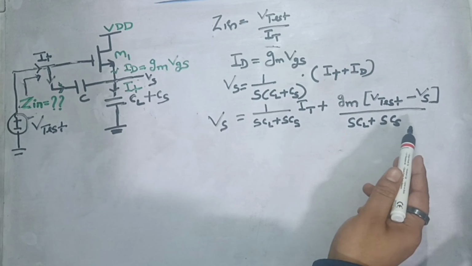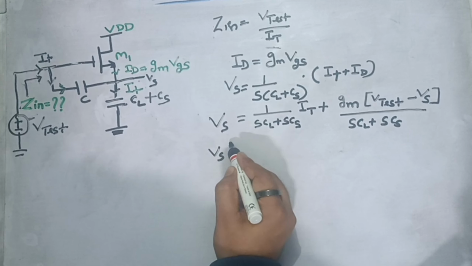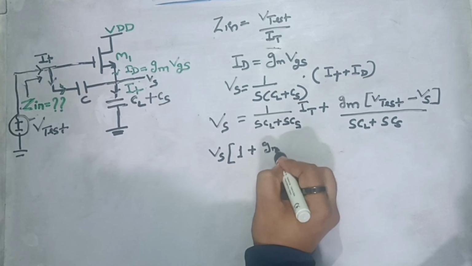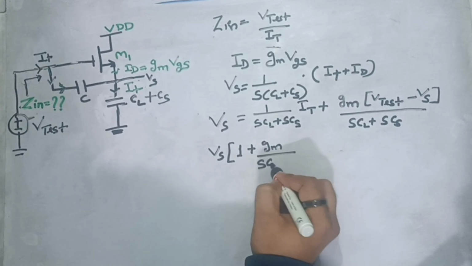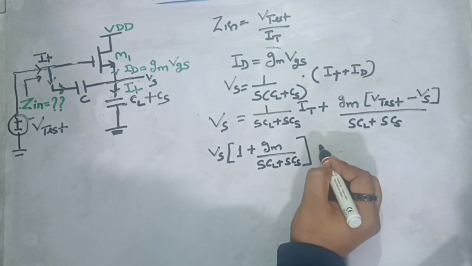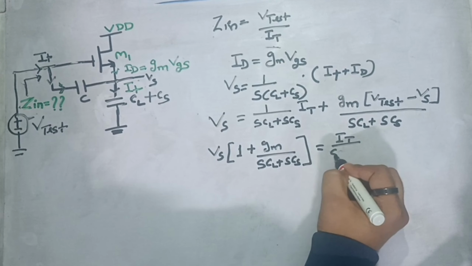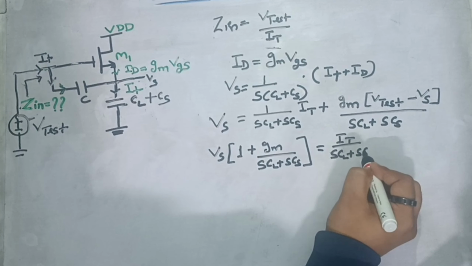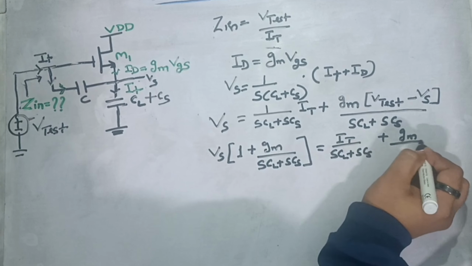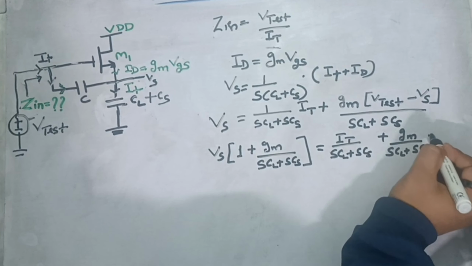Now I can bring this Vs parameter on the left hand side, so we can take Vs as common here. So we will get 1 plus Gm upon SCL plus SCS, and this would be equal to IT upon SCL plus SCS plus Gm upon SCL plus SCS into V test.